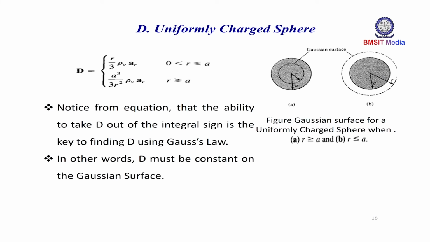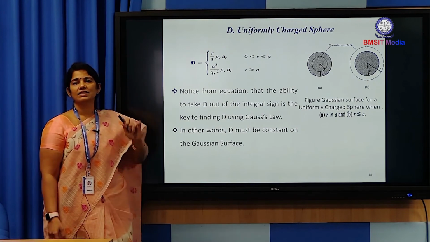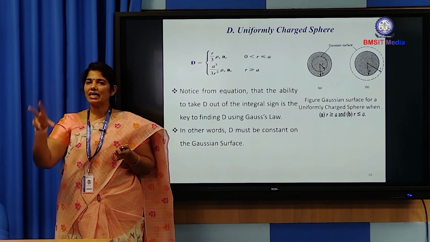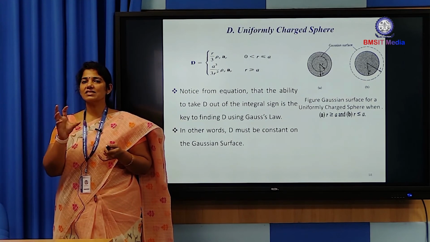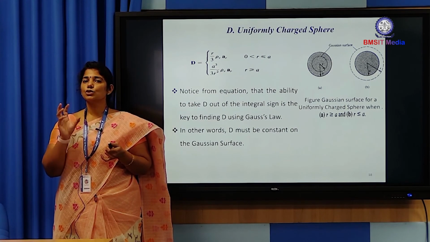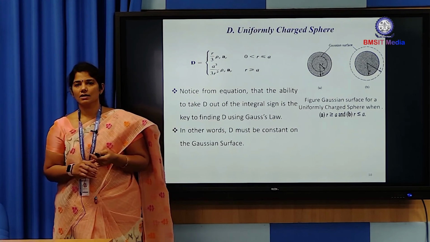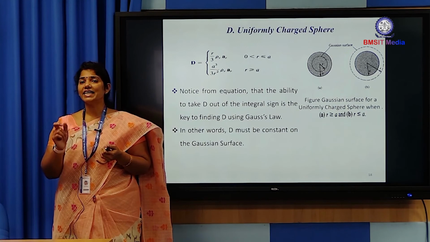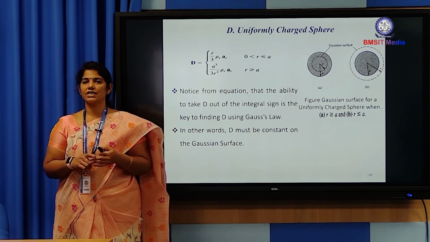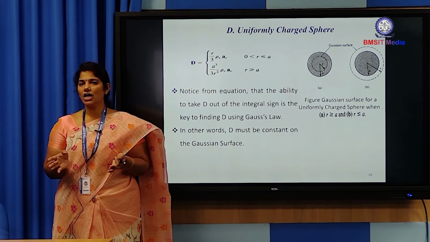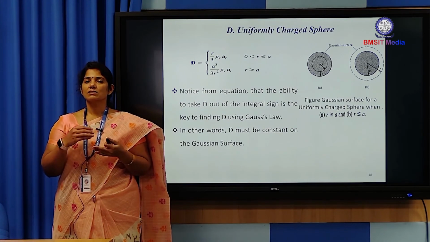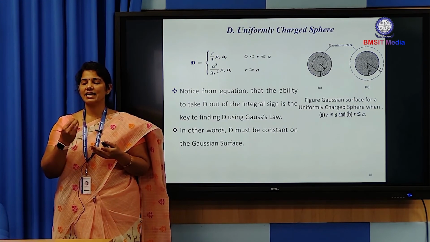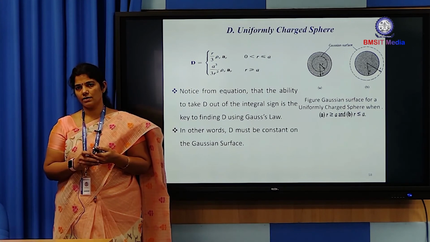You just notice from this equation that we have the ability to take D out of the integral sign, which is the key point to finding D by using Gauss law. In other words, you can say that D must be constant on the Gaussian surface. If not, it is going to be a bit difficult to obtain D, that is electric flux density, by applying Gauss law.